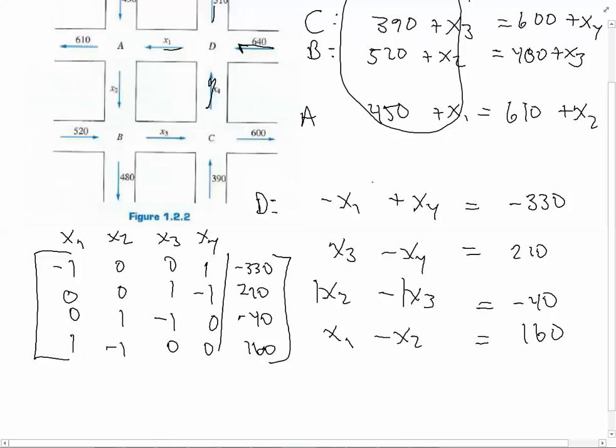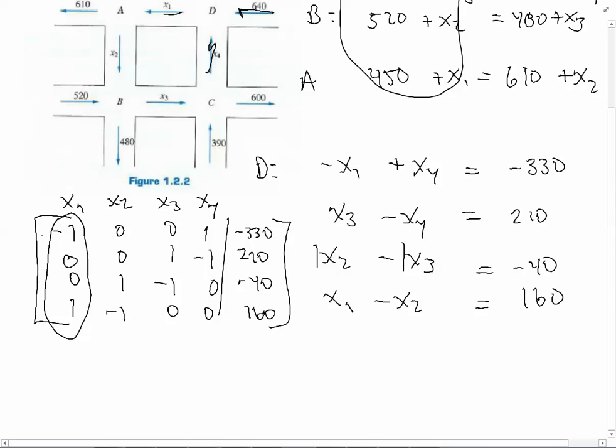Okay, I want to get this into reduced row echelon form. My strategy is first to focus on the first column, and I'm going to work this by hand as far as I can, since I'm only dealing with ones and nice numbers. I'm going to take negative 1 times row 1 and leave it in row 1.